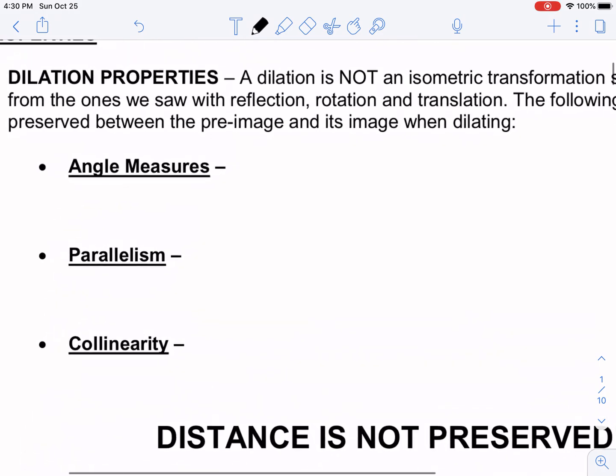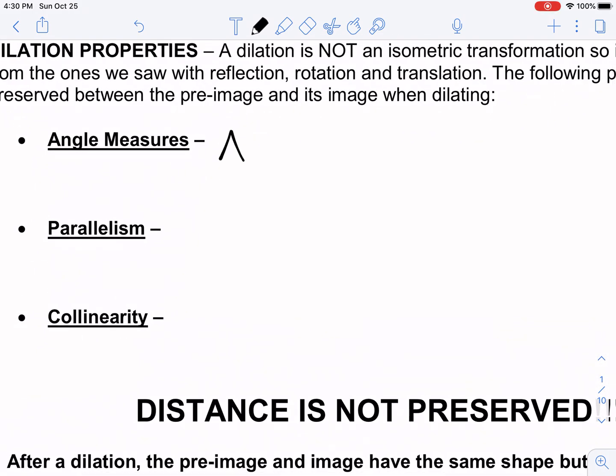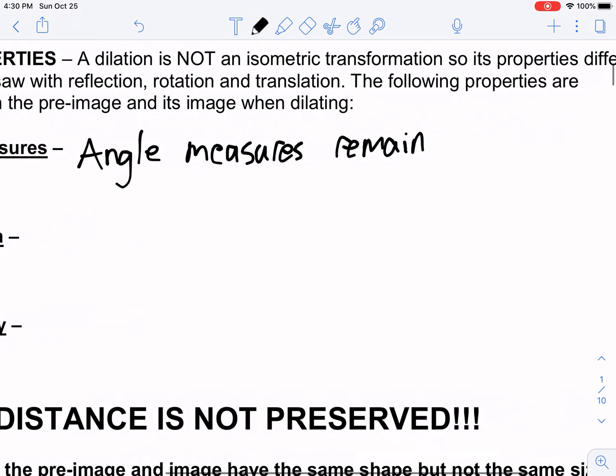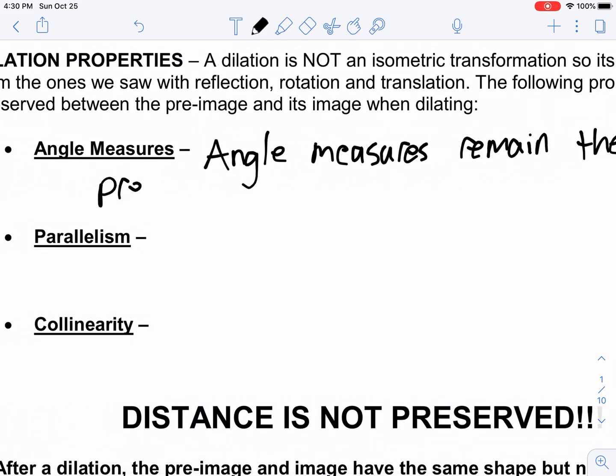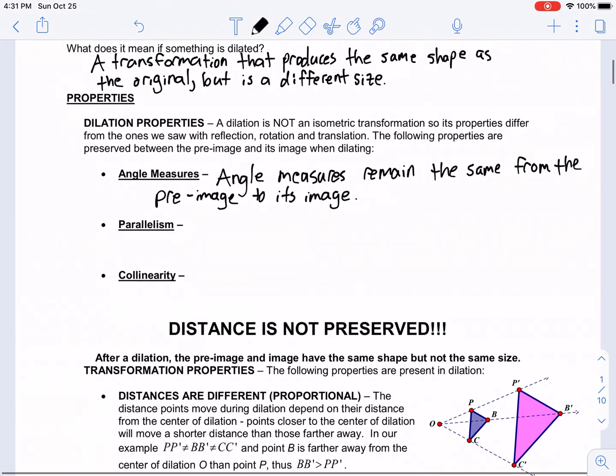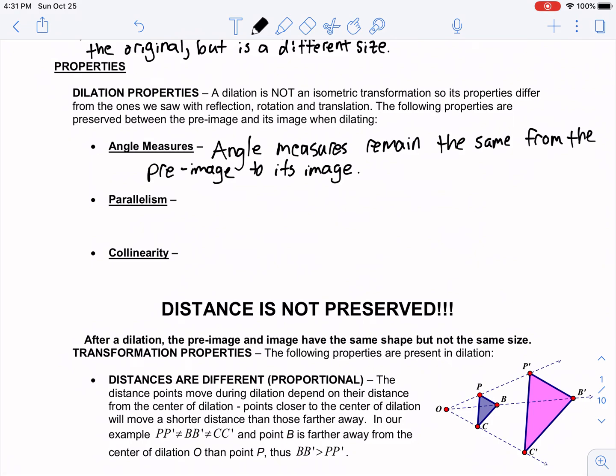With angle measures, all that's saying is angle measures remain the same from the pre-image to its image. So the angle measures of the original image are going to remain the same in its image.